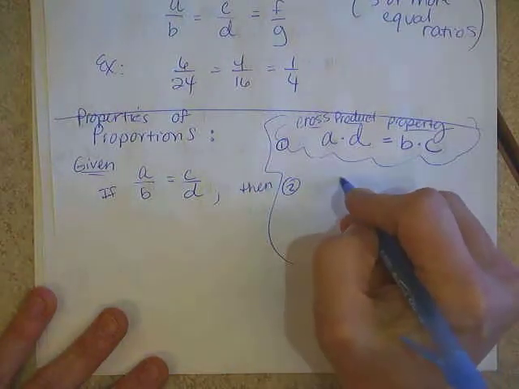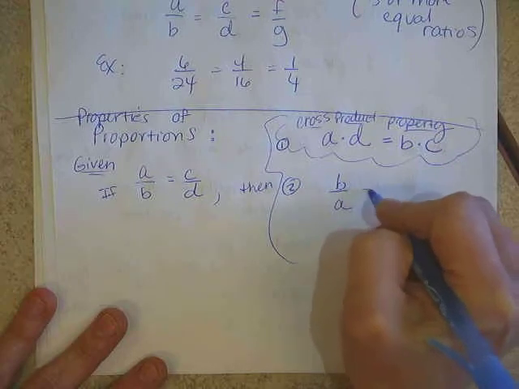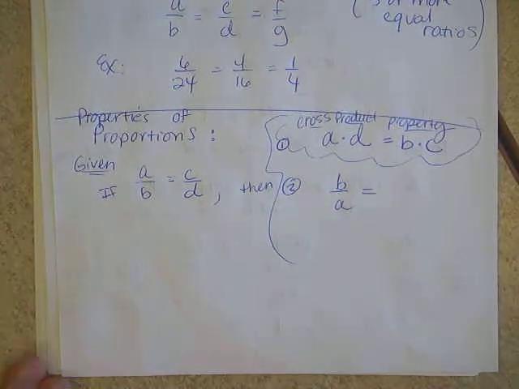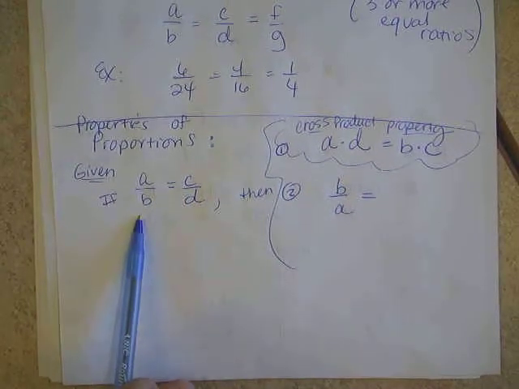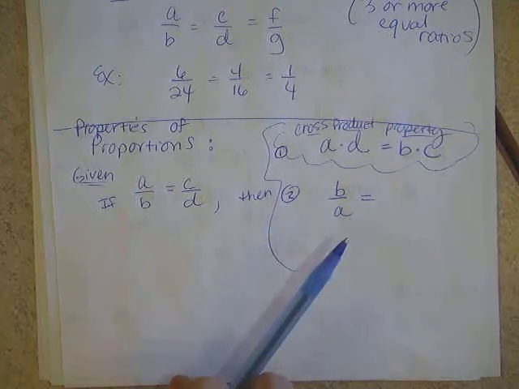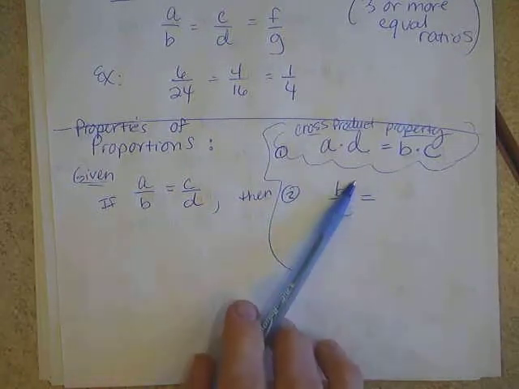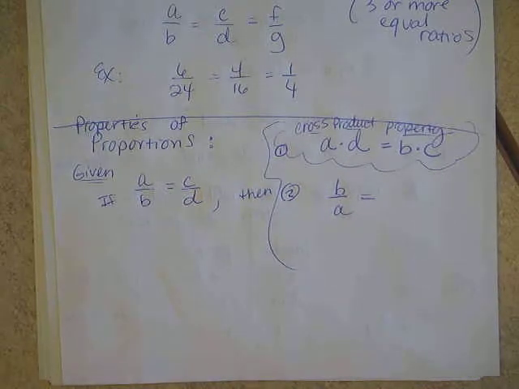But we have three other ones. And with most of these, you're just going to be completing the equation. So if you look over here, the first one I flipped B and A. So what do you suppose that should be equal to if this is true?